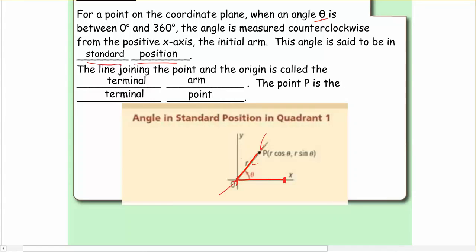So the arm that's joining those 2 points is called the terminal arm. The word terminal means end. Just like at the airport, the terminal is the last part of the airport before you get on the plane. It's the end. So the end of my angle is at that arm. The point P is the terminal point, where the angle ends.